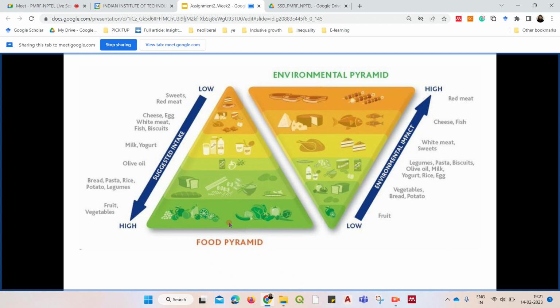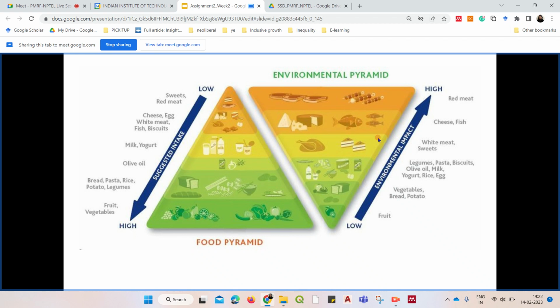So why this occurs is because the amount of energy which we can get from food belonging to a lower trophic level should be more than the amount of energy we are getting from a food which comes from a trophic level which is higher up in the ecosystem.